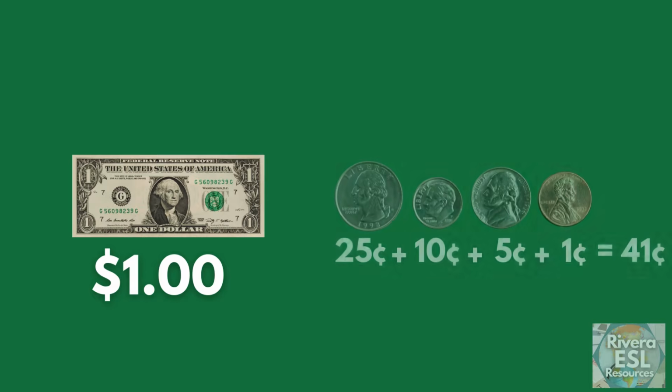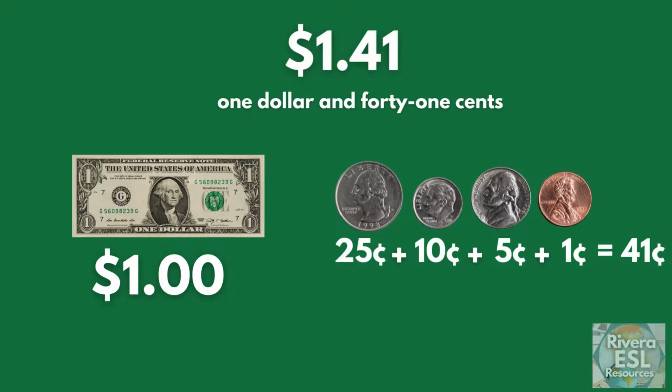The $1 bill is worth $1. If I add up all my coins together, I will get 41 cents. Put it all together and I have $1.41.